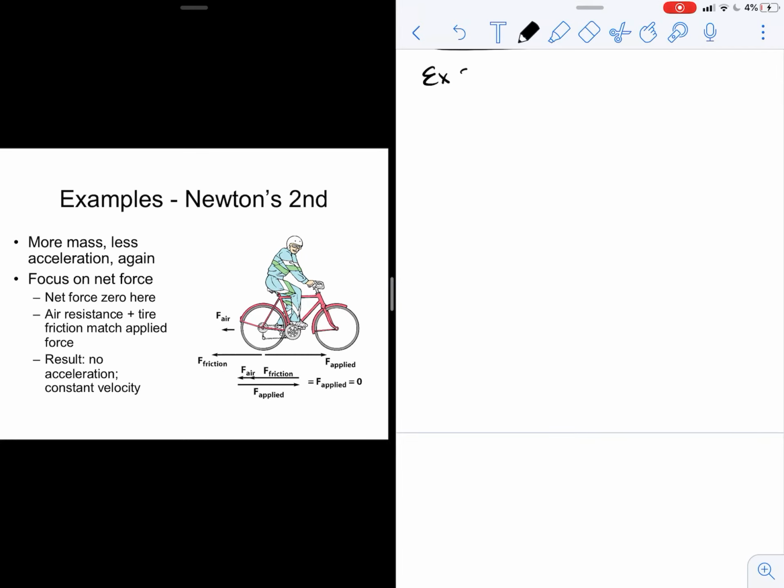So this is example 2.8 in your book, and it says a 60 kilogram bicycle and rider, so both, accelerate at 0.5 meters per second squared. How much extra force was applied? So it's wanting to know the force. Okay, so kilograms is a unit for what? Mass. Meters per second squared is a unit for what? Acceleration. So our equation here is force is equal to mass times acceleration.